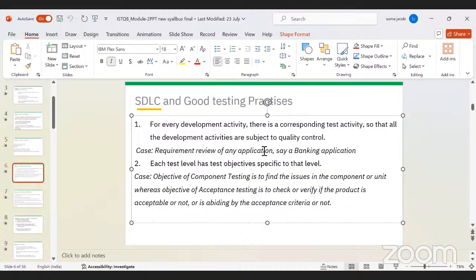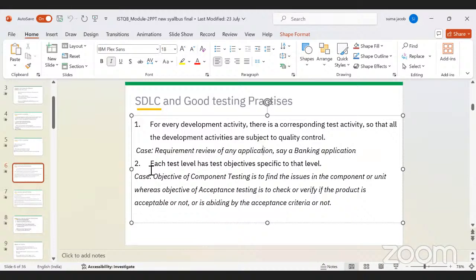But if we haven't reviewed the requirements properly, the issue will get propagated to the next phase, the design phase, and then to the implementation. Finally, after coding, we will get to know that there is an issue. So if for every development activity there is a corresponding testing activity, we can make sure that all the different development activities are subjected to quality control.